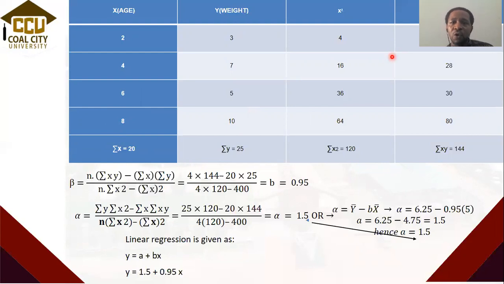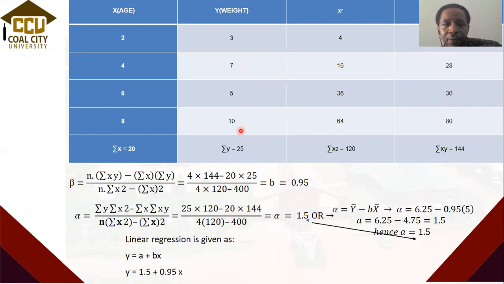Now you do the same thing for your y variable. 3 raised to the power of 2, of course, will give you 9. 7 raised to the power of 2 will give you 49. 5 raised to the power of 2, sorry, should give you 25.